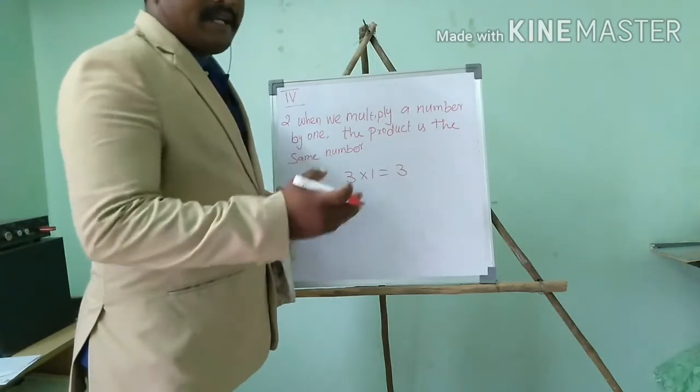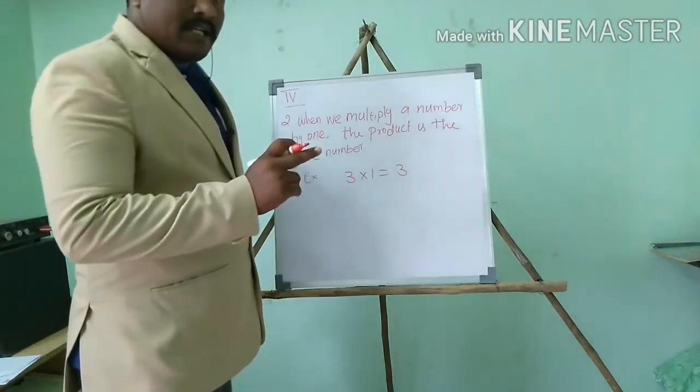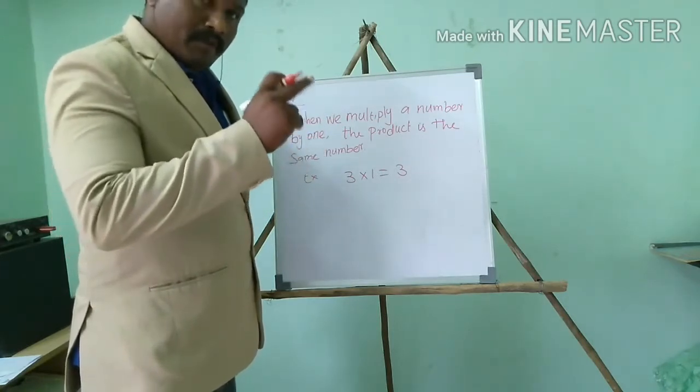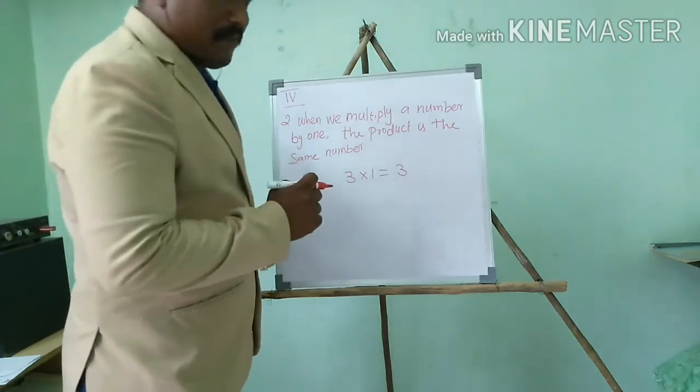Multiply by 1. When we multiply a number by 1, the product is the same number. What is meant by that?